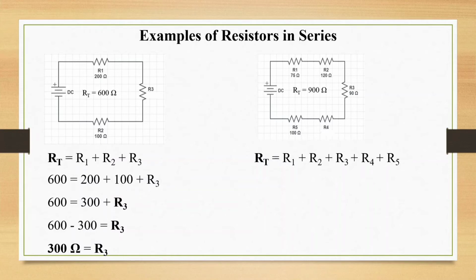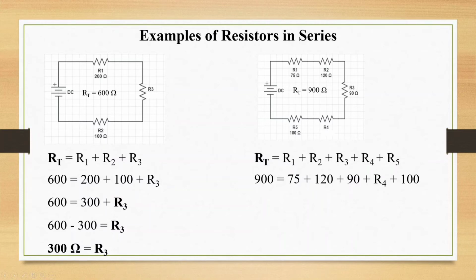Then substitute the value of each given data. The total resistance is 900, R1 is 75, R2 is 120, R3 is 90, R4 is the unknown, and R5 is 100.